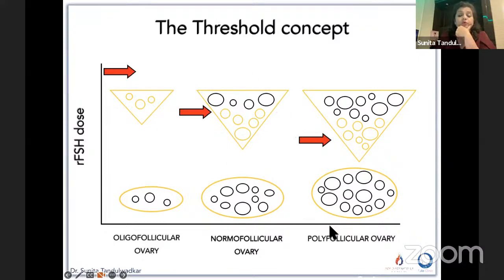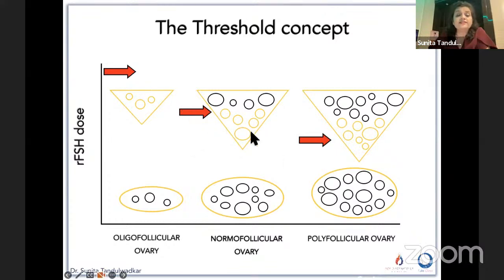While in polycystic ovary, there are so many follicles, my aim will be just to rescue 2 or 3 follicles, so I will give a still lower dose. So friends, when it is PCOS, you may think about a step-up slow regimen to avoid OHSS, to avoid complications, to avoid multiple pregnancy, or to avoid cancellation of IUI cycles or conversion to an ART cycle.